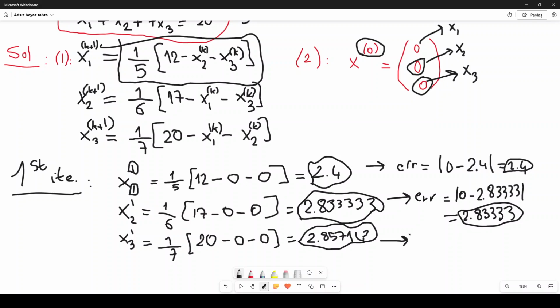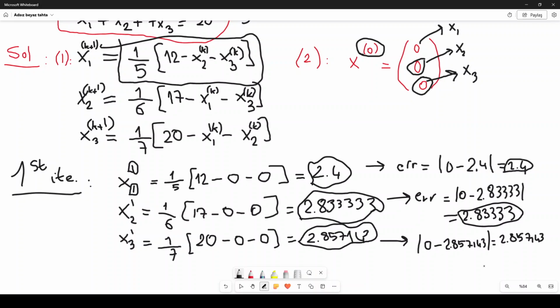For the third one, we do the same thing again. We take the difference between the values of two successive iterations for the corresponding unknown variable, and this is 2.857143.